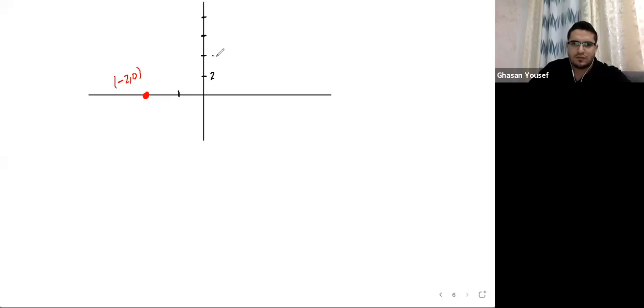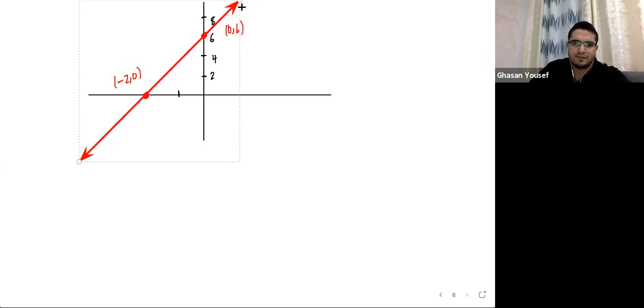So the point here should be (0, 6). Now I have 2 points in the Cartesian plane, I just have to draw a line between these 2 points. So my graph looks like this. This is my graph for this function.